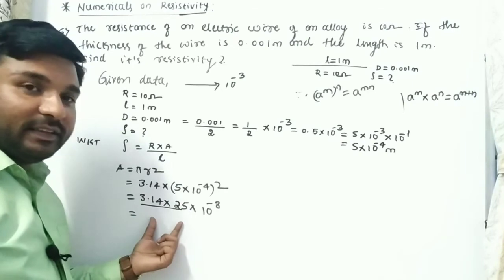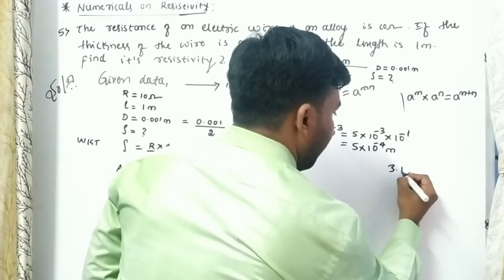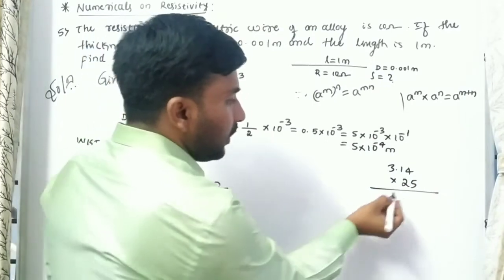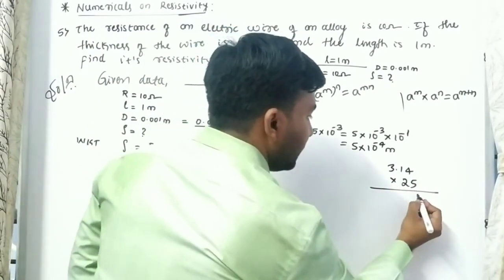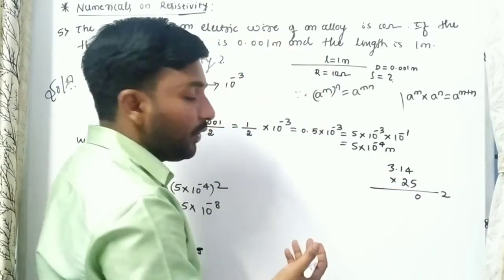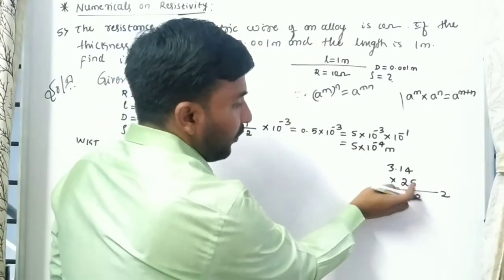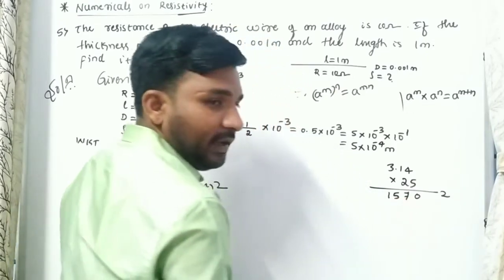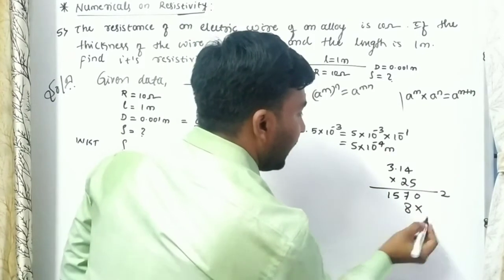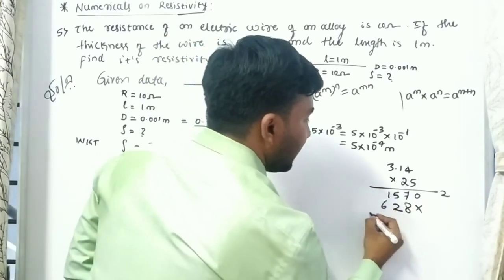Now multiply these two numbers: 3.14 into 25. 5 4s are 20, carry 2. 5 1s are 5, plus 2 is 7. 5 3s are 15. Then 2 4s are 8, 2 1s are 2, 2 3s are 6.